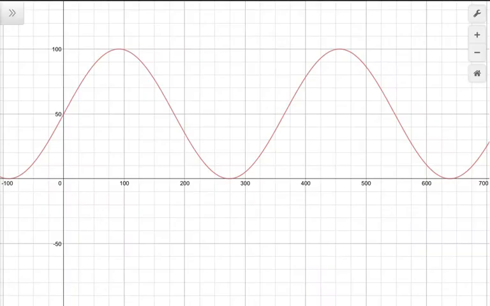One example of a situation that can be modeled by a sine curve, where the inputs are not angle measures and the outputs are not heights of triangles in the unit circle, is the average daily temperature in western Massachusetts. Our x-axis is representing number of days past May 15th, 2016, and our y-axis is representing average daily temperature in degrees Fahrenheit.